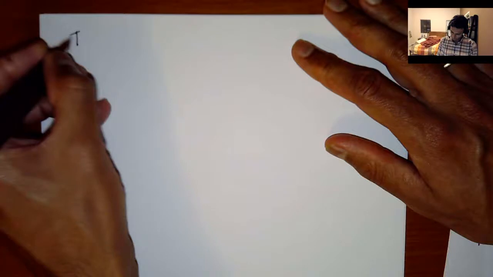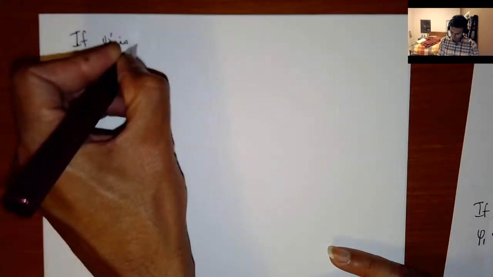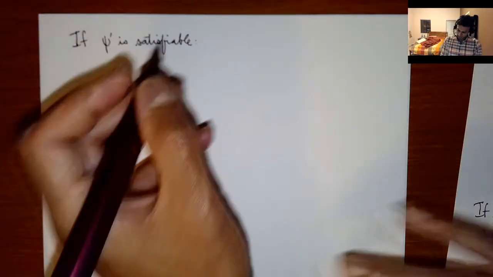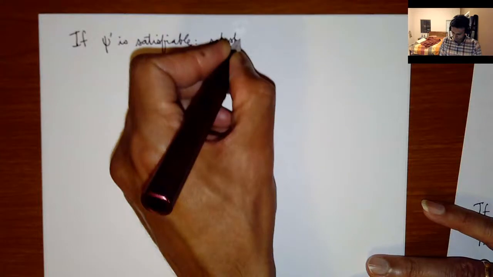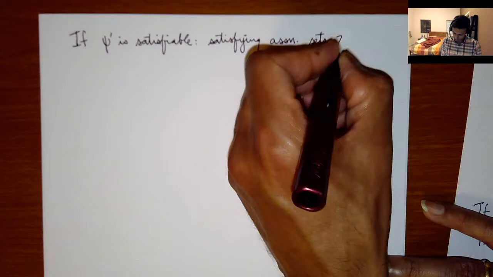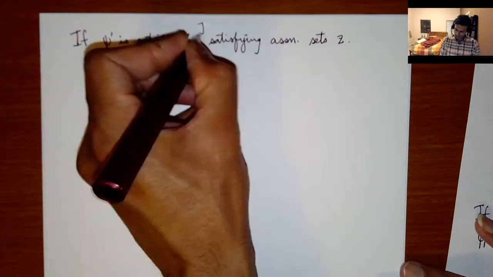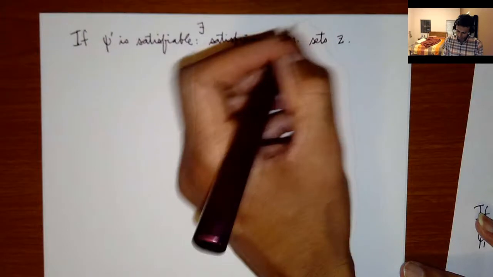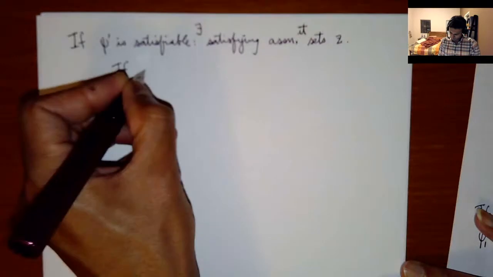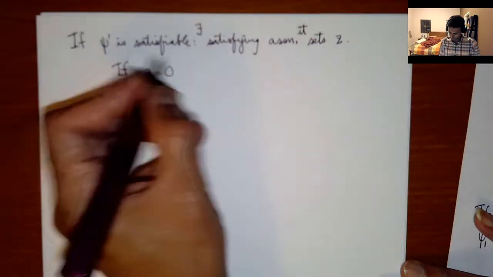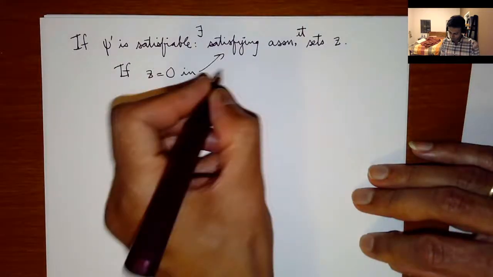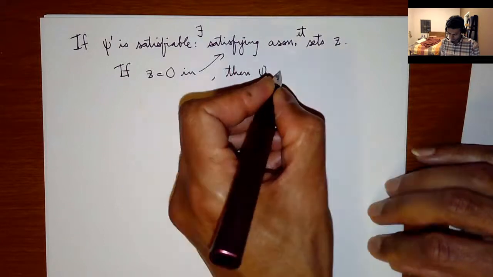If C prime is satisfiable, then there exists a satisfying assignment and it sets Z. If Z is set to 0 in the satisfying assignment, then C1 is satisfiable.